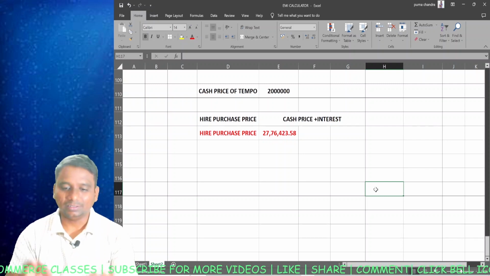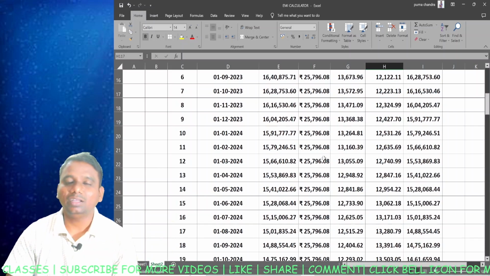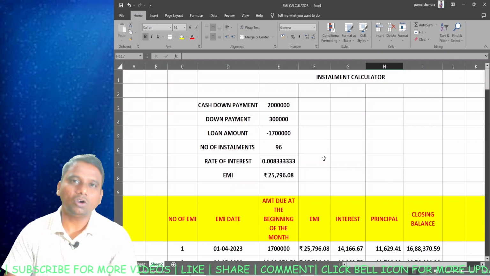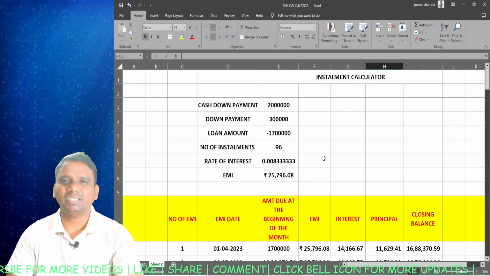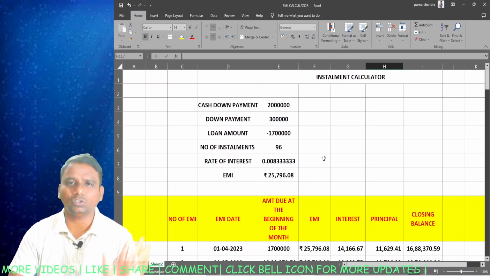Hope you understood. These things we should calculate manually in the examination problems. That's it. Practically, you will not face any difficulty in calculation of this EMI and hire purchase price, cash price, nothing. In the Excel, you can calculate within fraction of seconds.